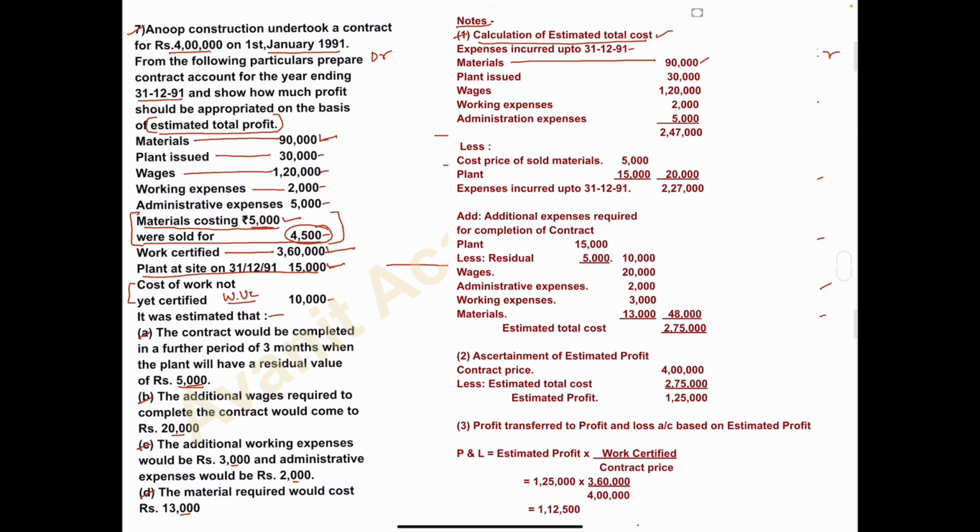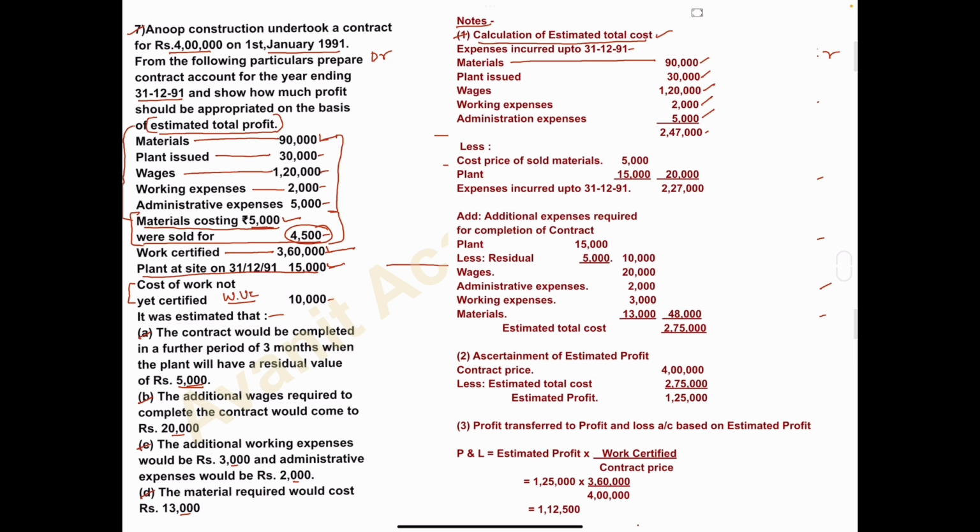Then plant issued 30,000. Wages 1,20,000. Working expenses 2,000. Administrative expenses 5,000. Okay, all these things we have to record. Add these amounts, 90,000 plus 30,000 plus 1,20,000 plus 2,000 plus 5,000, and you will get the total 2,47,000.